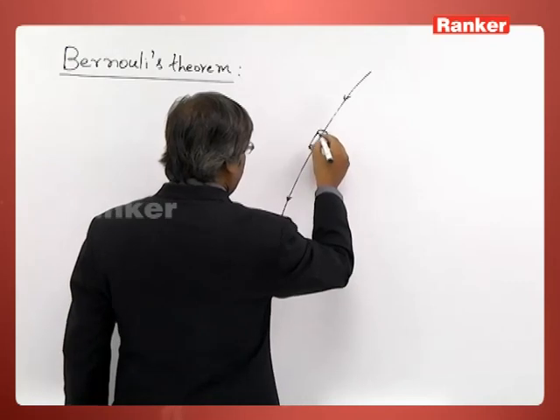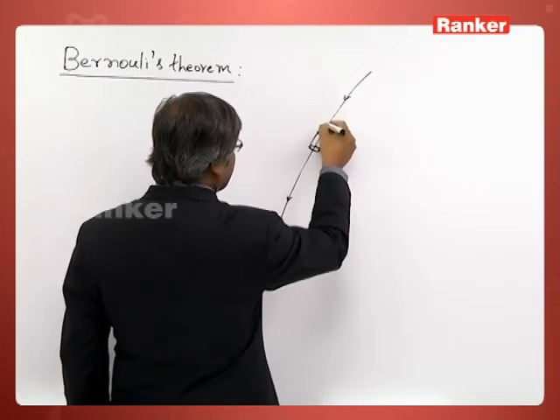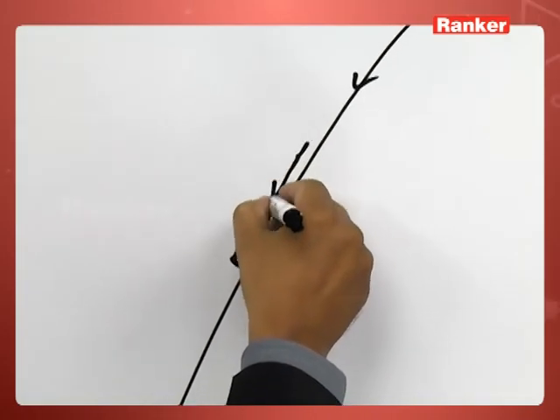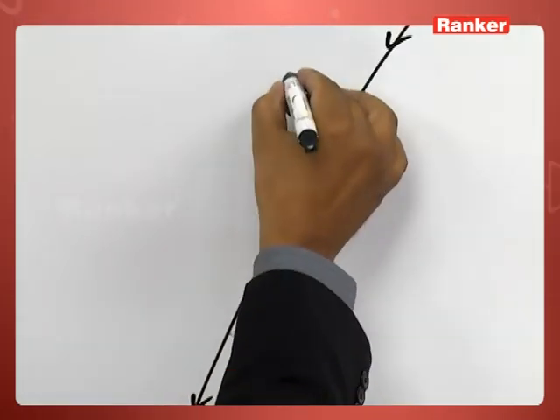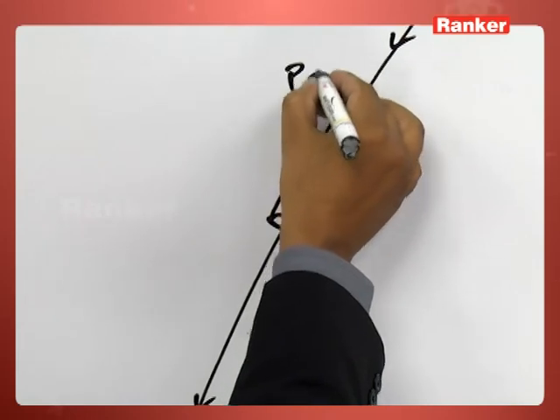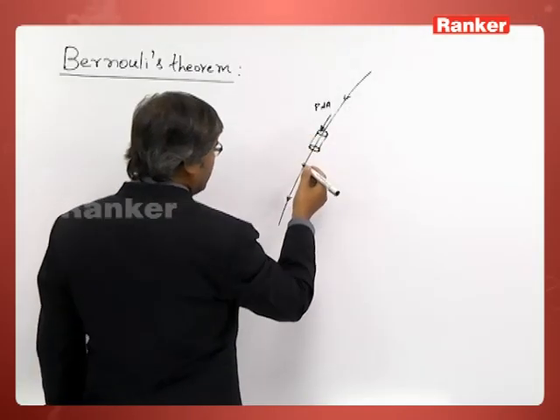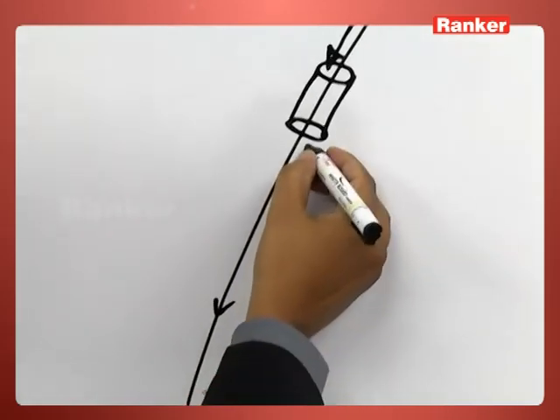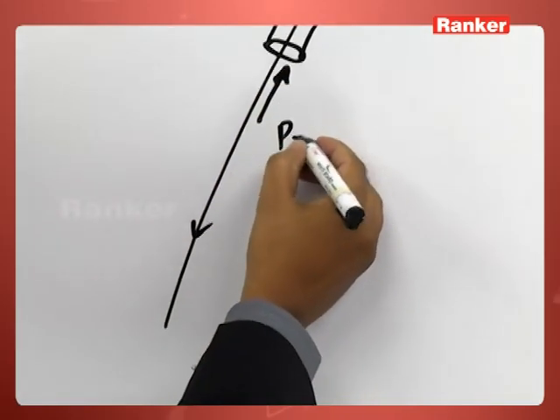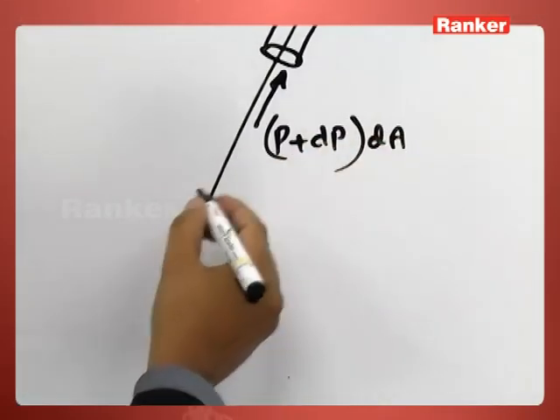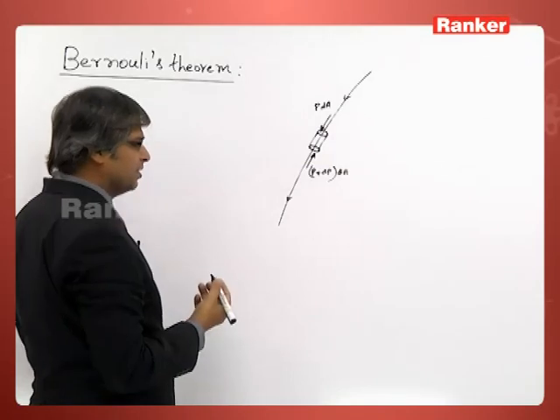Now let us see the forces acting on the fluid particle. The force acting here is pressure P into dA, where dA is the area. As we go down, the pressure changes to P plus dP, into the area dA, and let this length be ds.